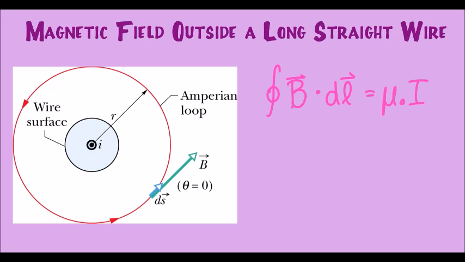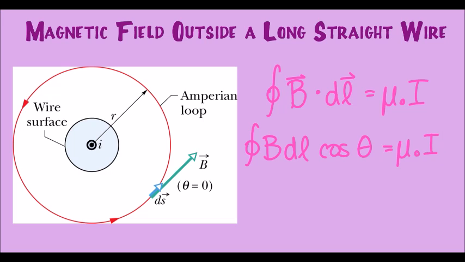So I'll work with the left-hand side of my equation here, starting off by getting rid of the dot product by expressing this as the magnitude of that dot product, B dl cosine theta, and that's equal to mu naught times I.